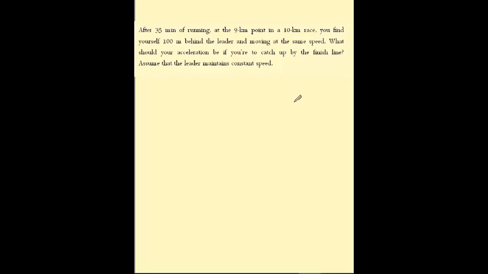So we have here a race. We have a 10 kilometers race, and you are here at the 9 kilometers point. Let you be A and the leader be B, and you are 100 meters behind the leader.